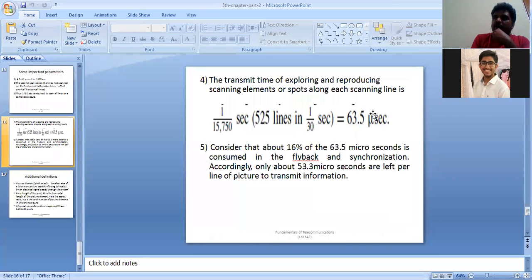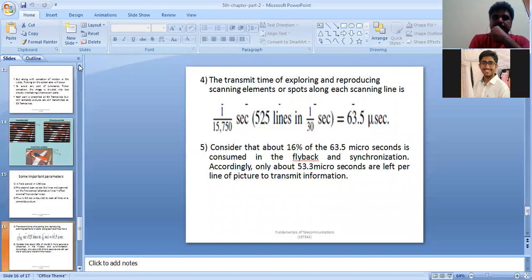A small portion of it is meant for the synchronizing pulse, and some time before the next video starts, there has to be a blanking signal also. Even for that we need to spend some time. Basically around 16% of the 63.5 microseconds is consumed in the flyback and synchronization. What is flyback?